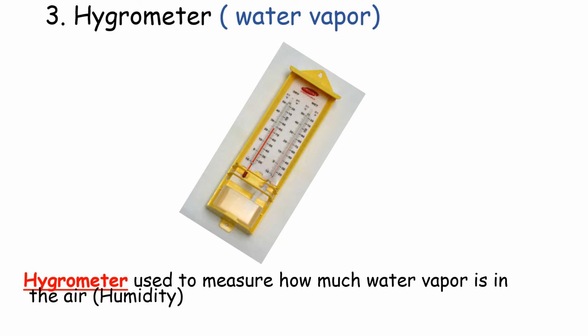It is used to measure how much water vapor is in the air, and this is called humidity. Because, as we said in the previous lesson, humidity is the amount of water vapor in the air.